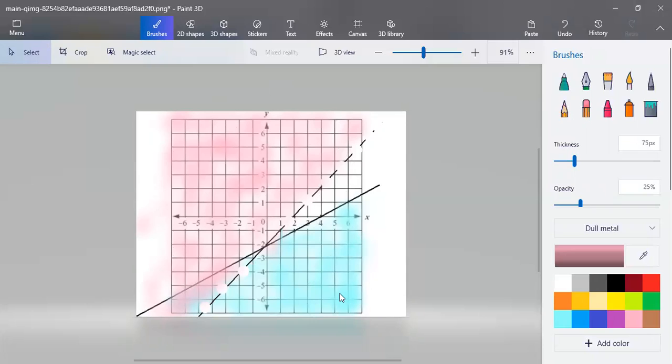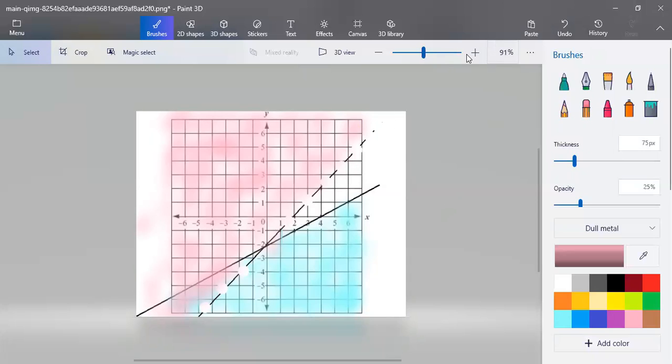We can only go between our areas. So they are not solutions. And in this area, which is being common, can be shared by both, your solutions lie there. So you can take any two coordinates to show that these are the solutions. I hope this is very, very clear for you.